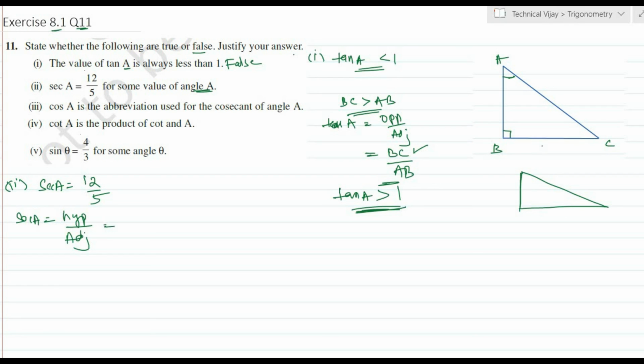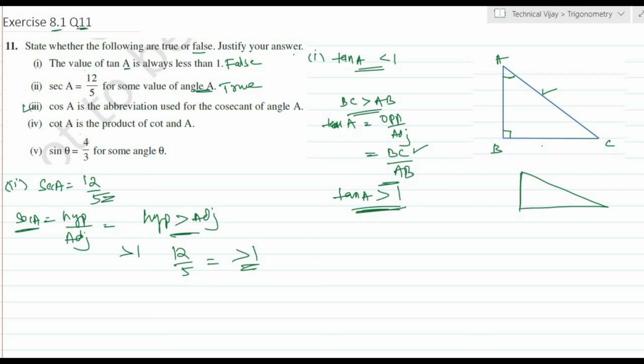The hypotenuse is the largest length among all the sides, so the hypotenuse length is more than the adjacent. Hence this secant value will always be greater than 1. And here he has given 12 divided by 5, which is greater than 1 only. So hence this may be true.